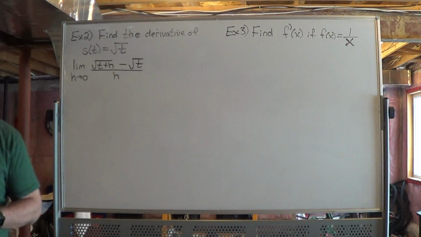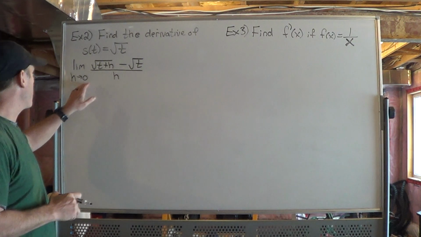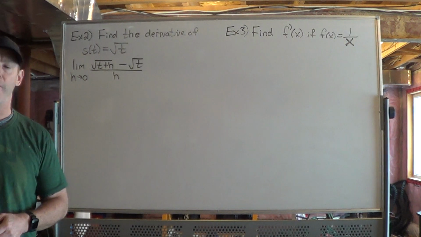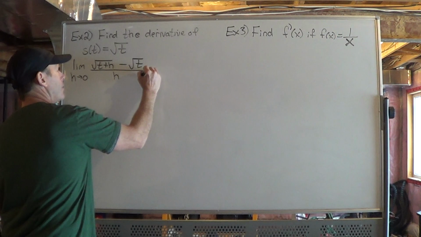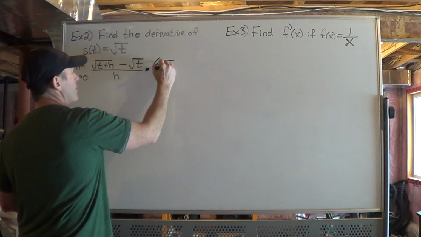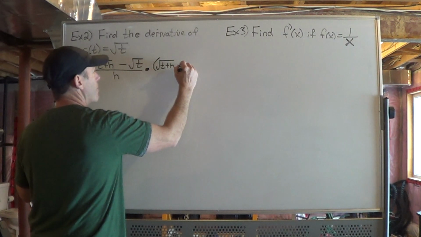Now again, this is a type of example we did in our first unit here, where I have a problem where my denominator is going to be 0, and that makes that function undefined. I can't find the limit. But I'm going to again multiply by the conjugate, as we call it. So I'm going to have the square root of t plus h. That's a minus sign, so we get a plus the square root of t.